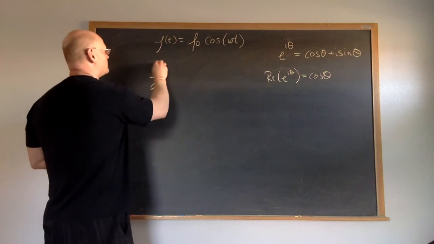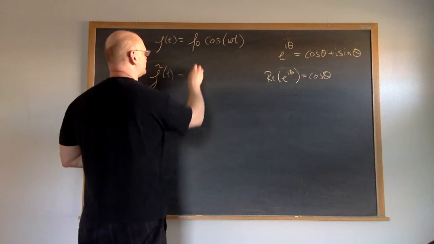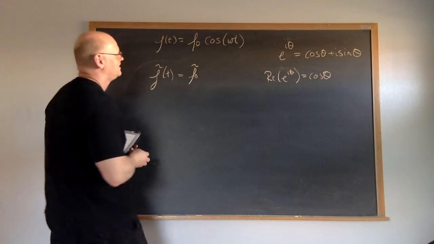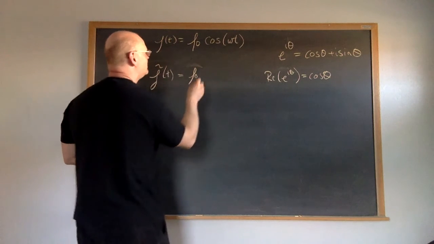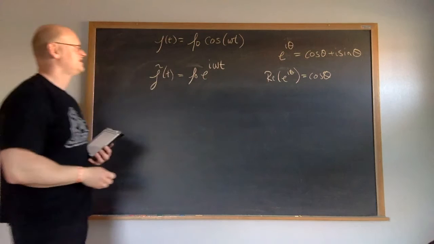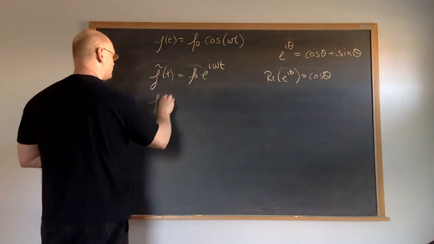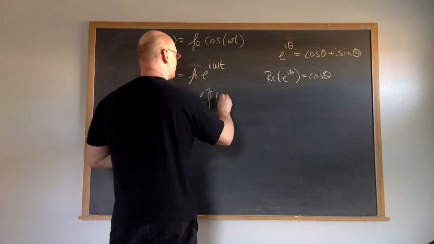So what we're going to do is complexify f. If you want to think about this as f tilde, which depends on time, we're going to rewrite this as some coefficient, f tilde, which most of the time we don't even have to do, let's just leave that as f, times e to the i omega t. So in this case, f of t is simply equal to the real part of f tilde of t.